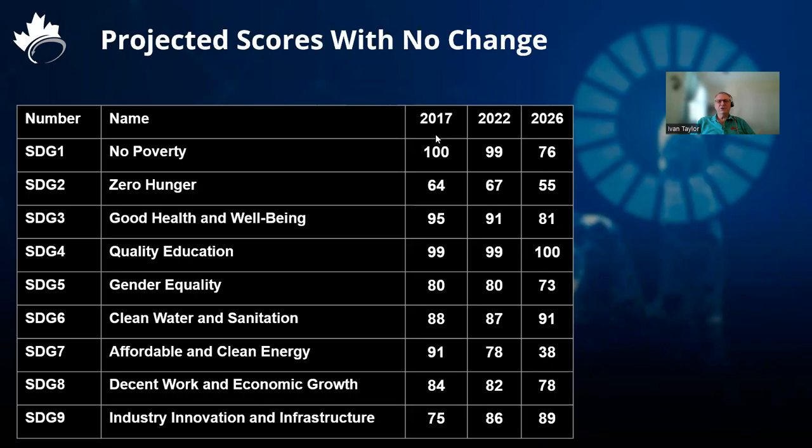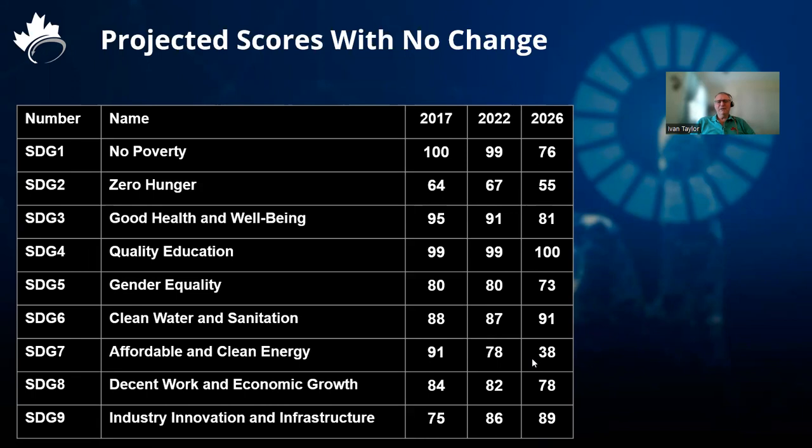So this is the score in 2017 for each of the individual SDGs from 1 to 9, and this is the score in 2022, and you can see some of the scores are going up and some of them are going down. And then this is the score that we project for 2026, and you can see that most of these are going down.